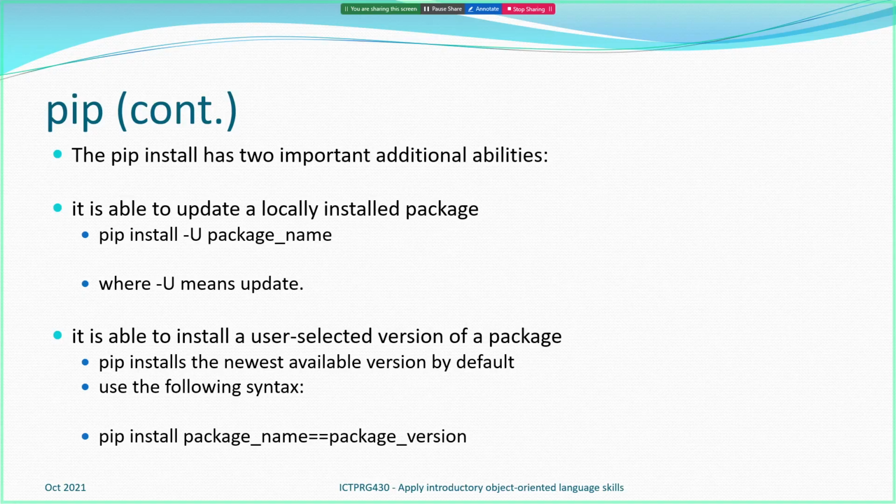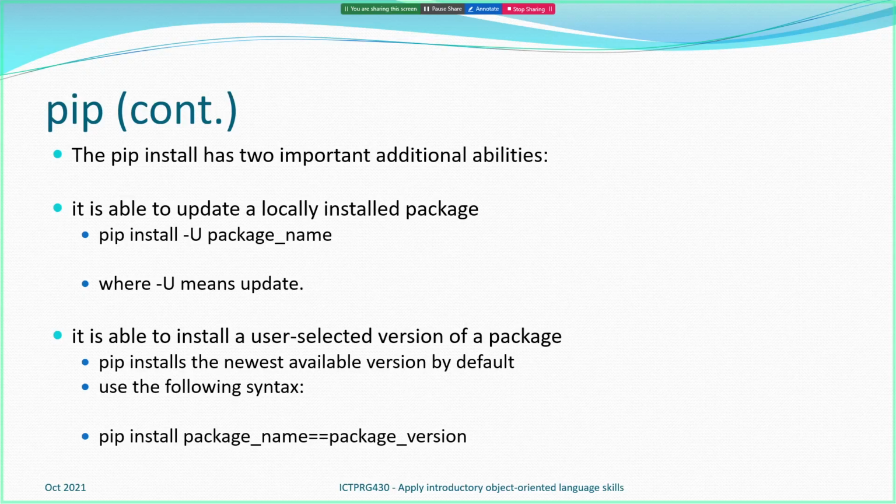If it's already installed and you want to update it, you basically insert -u after the install command, and this tells it that it's an update, so it's going to check the version that you have already installed and go check for any changes and then download those changes. So that will update it to the current version.